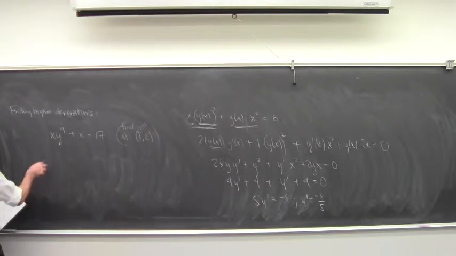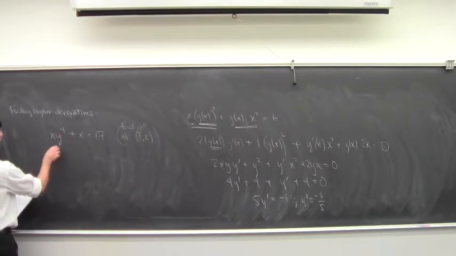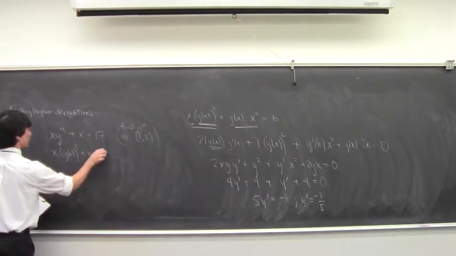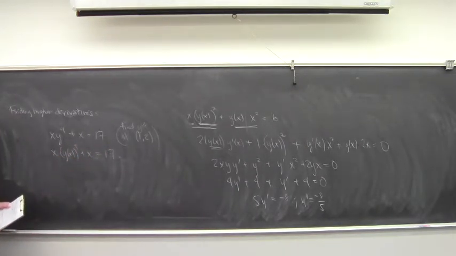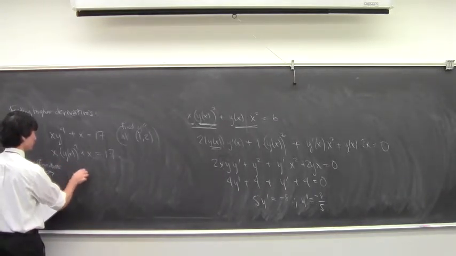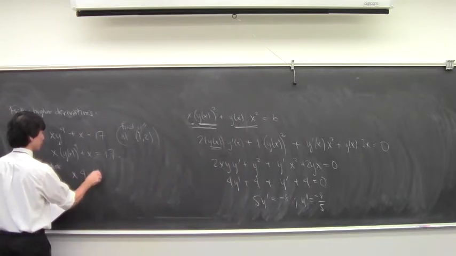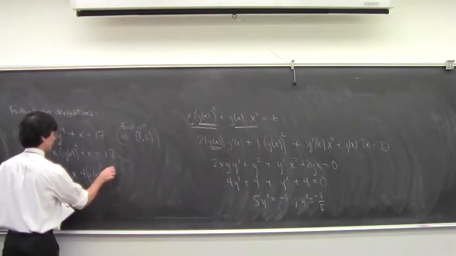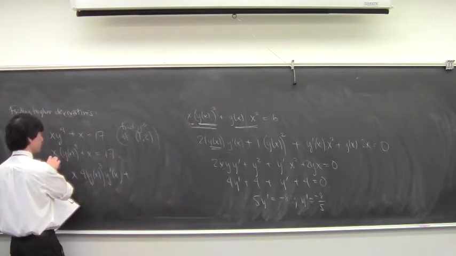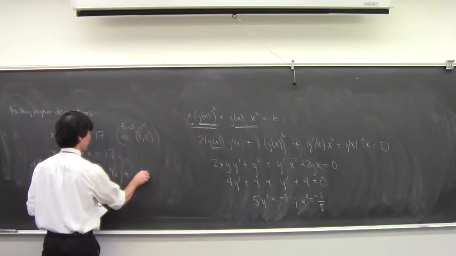So what you do is you say, well, okay, I'm going to think of this as a function of x, and I'm going to differentiate. And I get the first guy times the derivative of the second guy, plus the derivative of the first guy times the second guy.